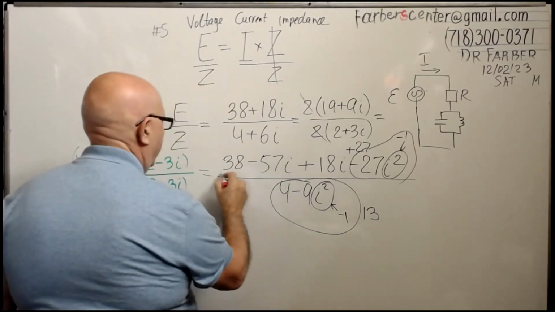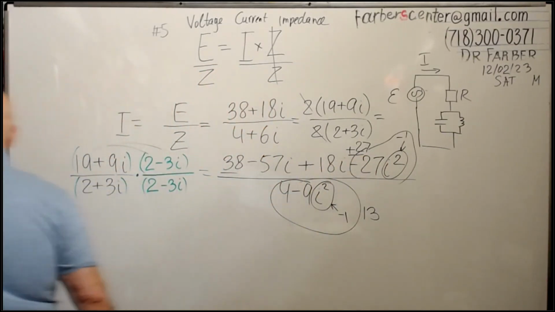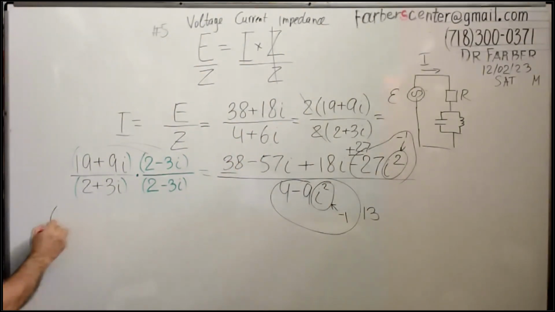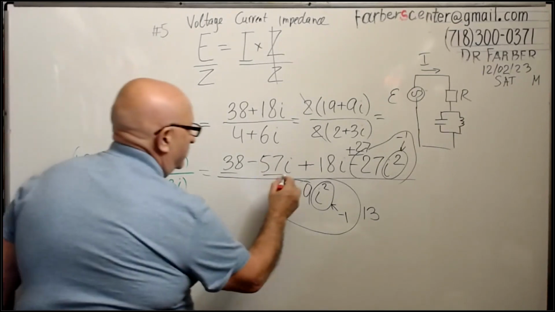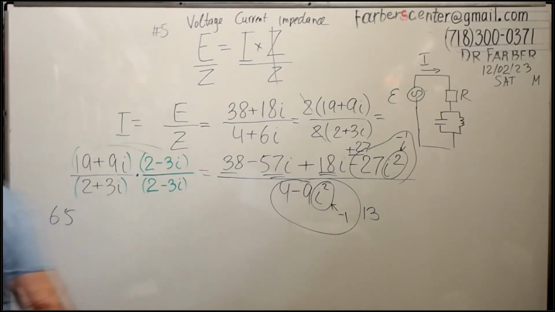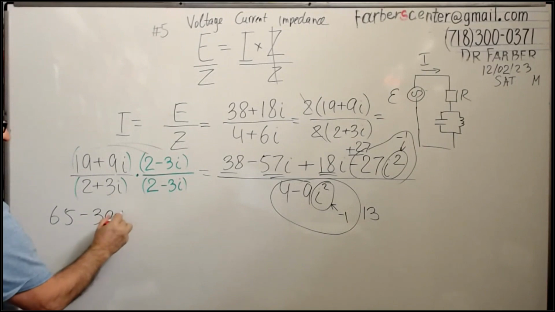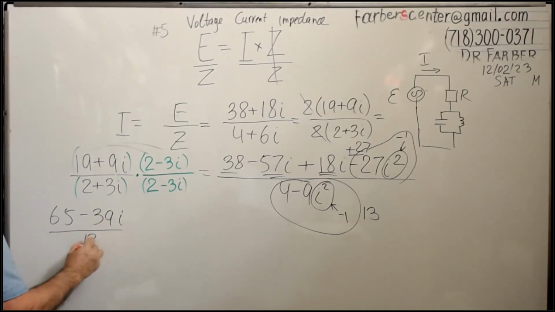Now combine like terms. Right? What do we have? 38 plus 27, 65. Minus 57i plus 18i, you have -39i. Divide by 13. Now apply the butterfly rule.